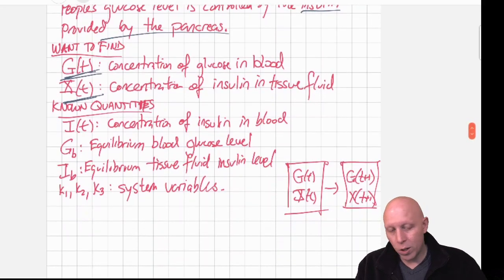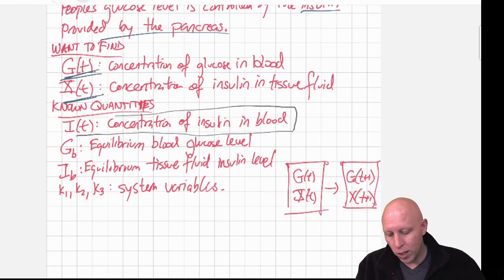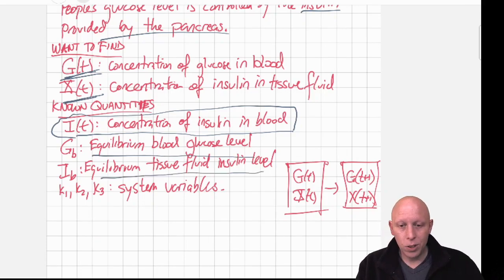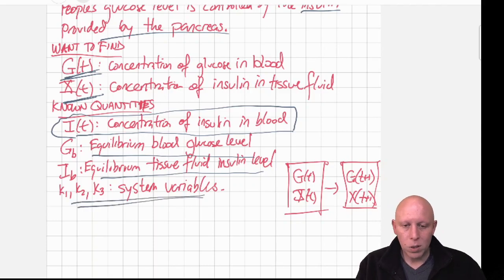We're going to write down some differential equations, but they are going to depend on some things you can keep track of. You can keep track of how much insulin you have in your blood, your equilibrium blood glucose level, and your equilibrium tissue fluid insulin level. There are some system variables we might need to model or find the right values for.